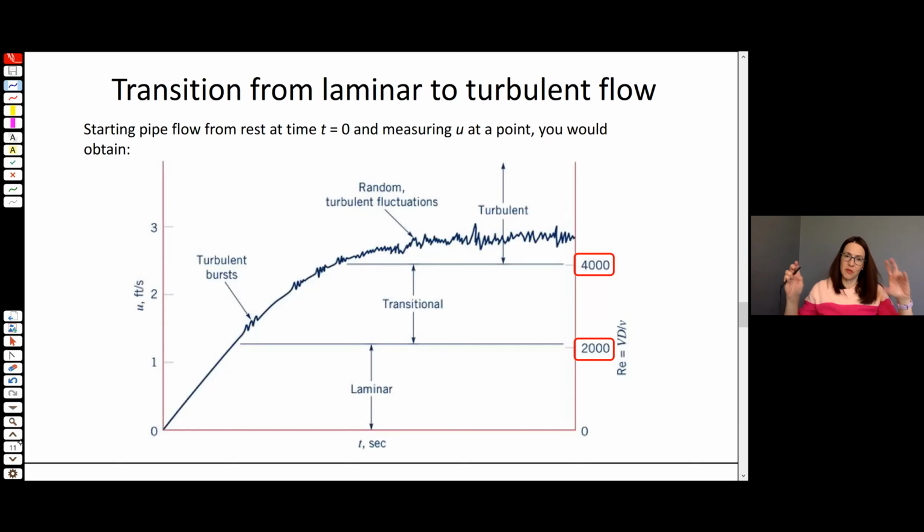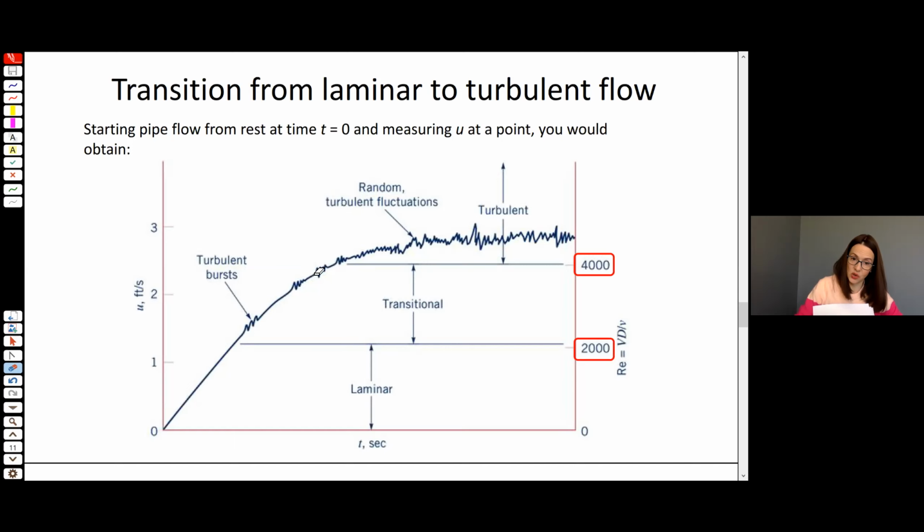We start with the fluid at rest at time 0, and then we start time running, as you see on the horizontal axis here, and we measure the velocity again at a point in the pipe, and what we see is this. As we increase the velocity, first we have a nice smooth velocity, and then the speed in the pipe gets so high that we start to get these bursts.